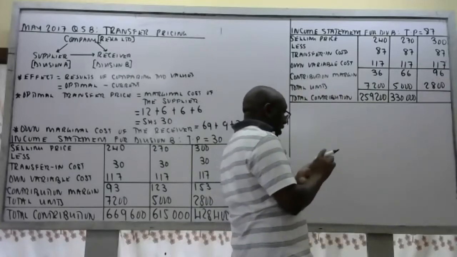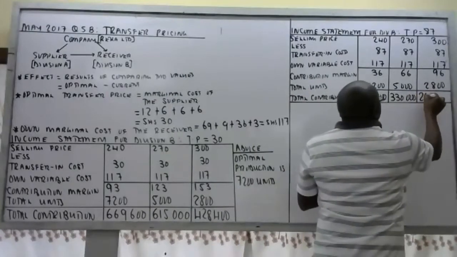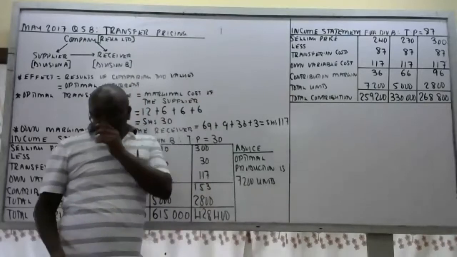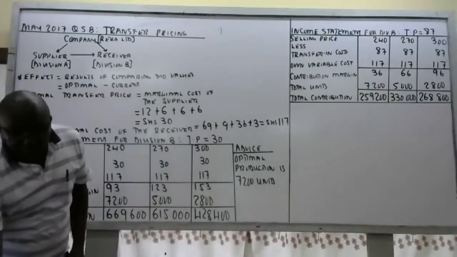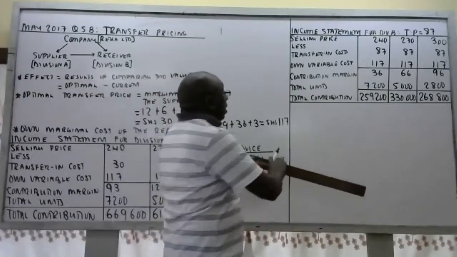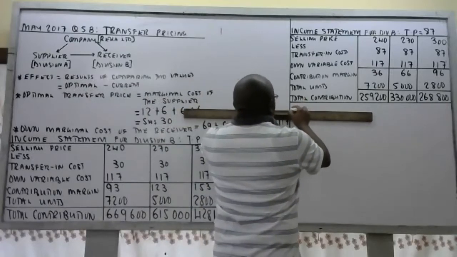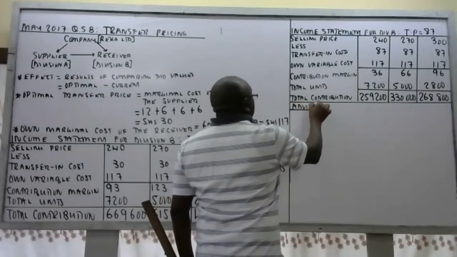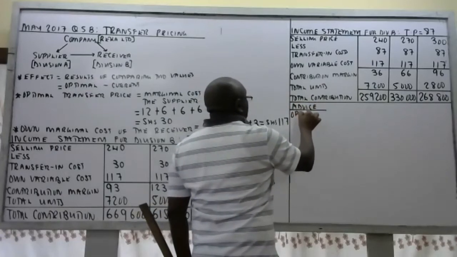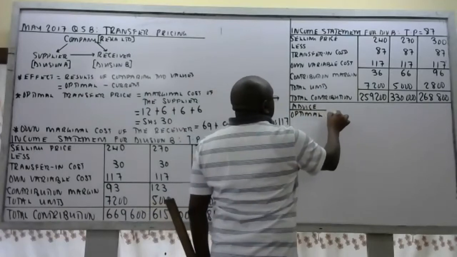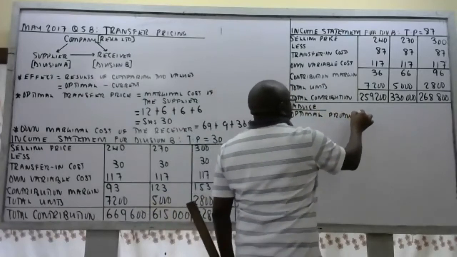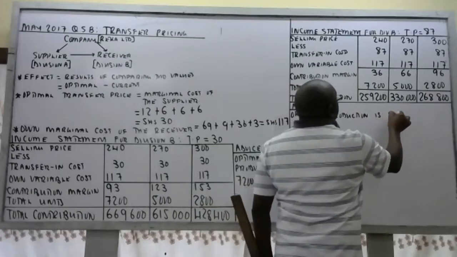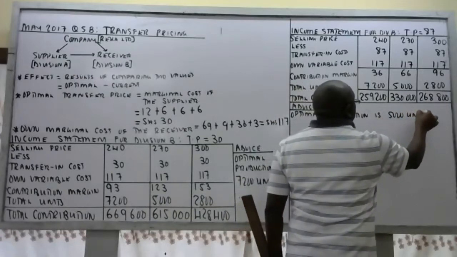So times 2,800, it is 268,800. And therefore, the advice is that optimal production is 5,000 units.